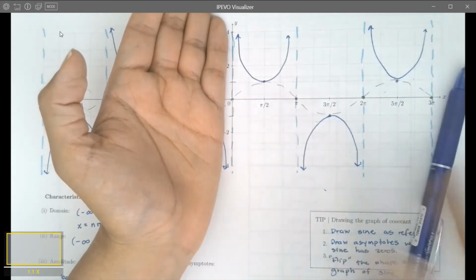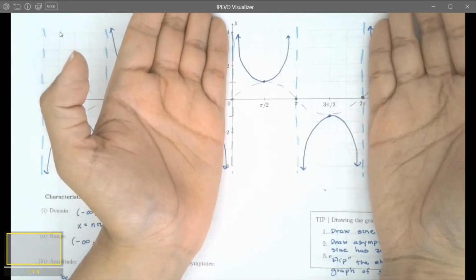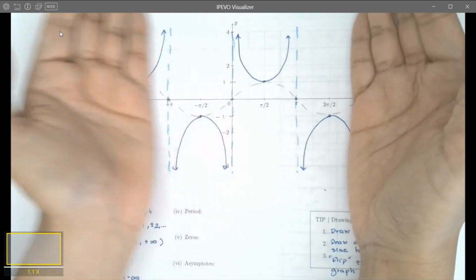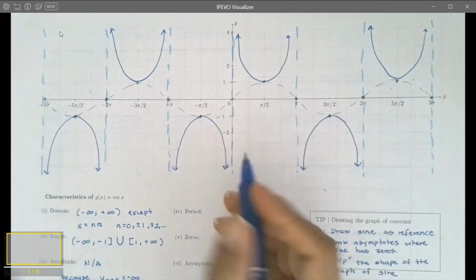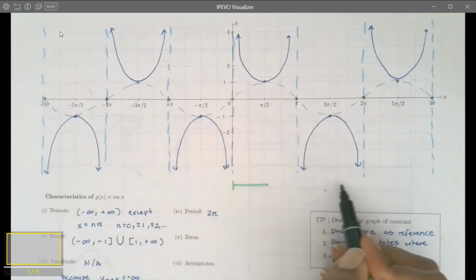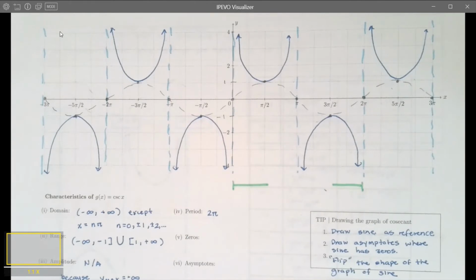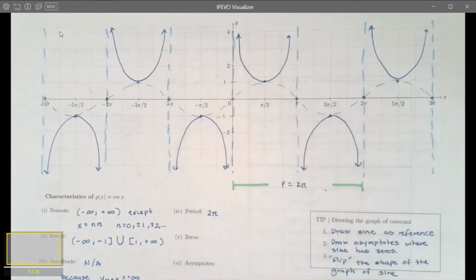So between 0 and 2 pi is where we see a unique part of the graph, and after that we start seeing repetitions going in both directions. That means that the period is 2 pi, just like what we had for sine. And that is always going to be true. Whatever we have as the period for sine will also be the period for cosecant.